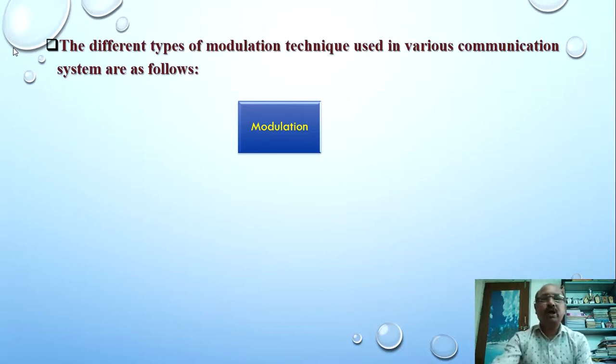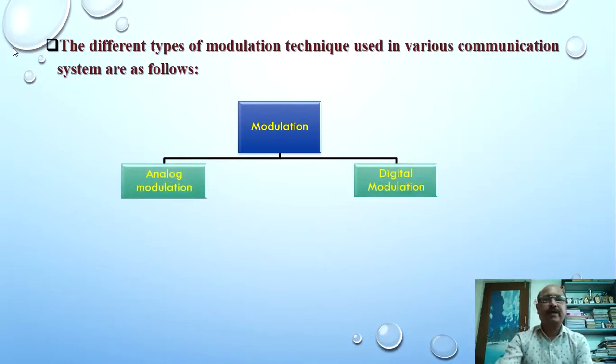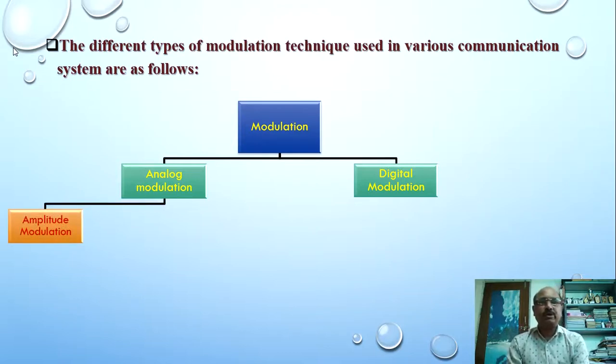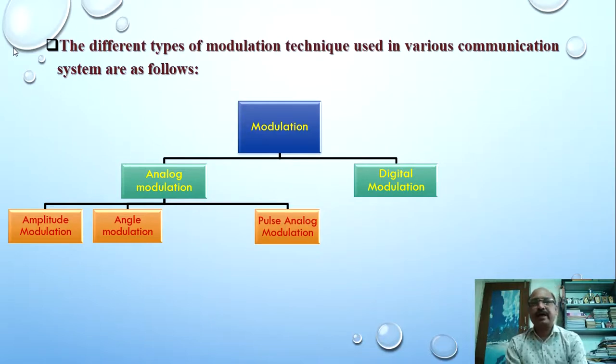For transmission, we can use different types of modulation. Broadly we can divide it into two subcategories, that is analog modulation and digital modulation. Analog modulation can be divided into amplitude modulation, angle modulation, and pulse analog modulation.